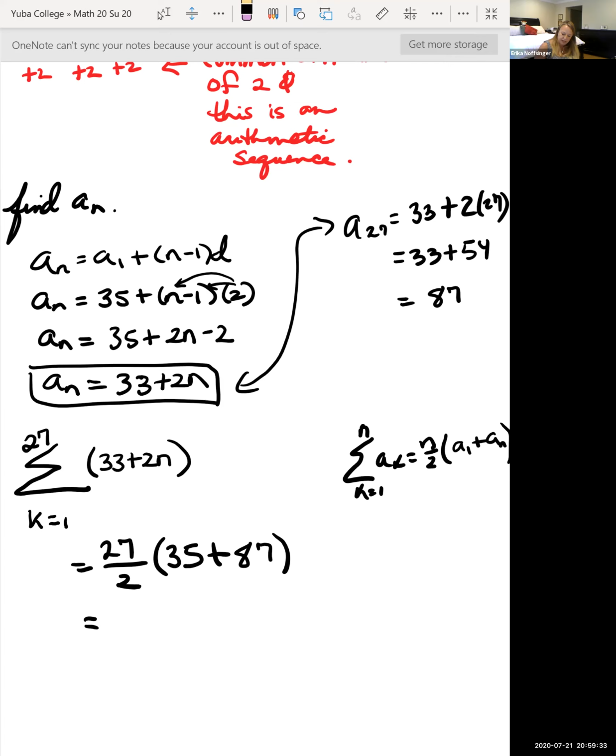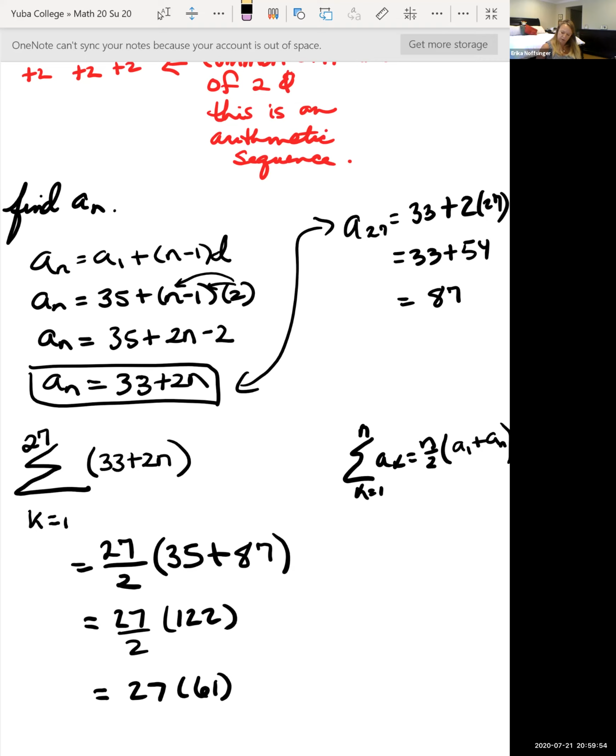So 27 halves, 35 plus 87. That gives us 122. So I have 27, all times 2 goes into 122, 61 times.